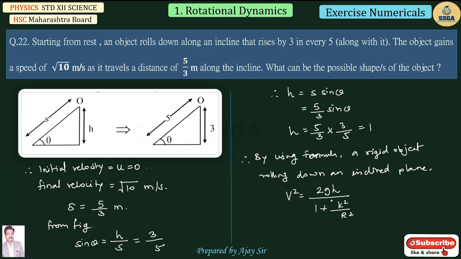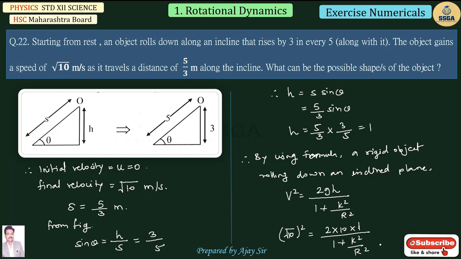So this is the formula. So let us put the known values. v square is equal to under root of 10 square, which is equal to twice gh, 2 into 10 into h, divided by 1 plus k square divided by r square.